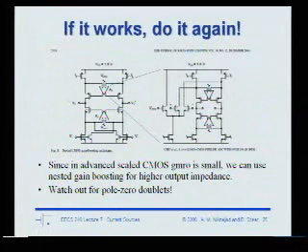All right, so this is kind of funny. If an idea works, why not just do it again? It's almost hilarious. You take a gain boosted amplifier, and then to design a higher gain amplifier, you gain boost inside that amplifier. So it's nested gain boosting.